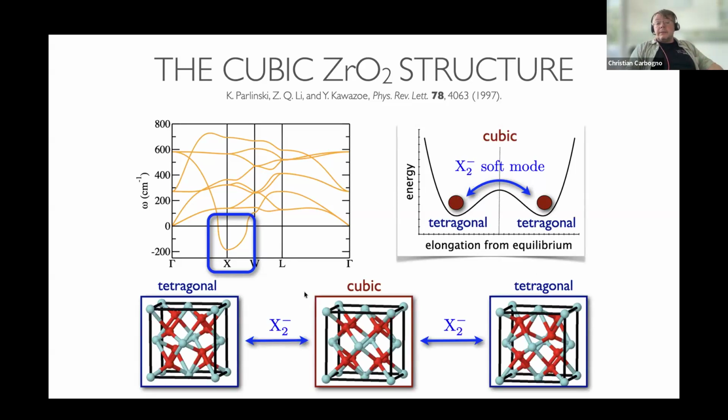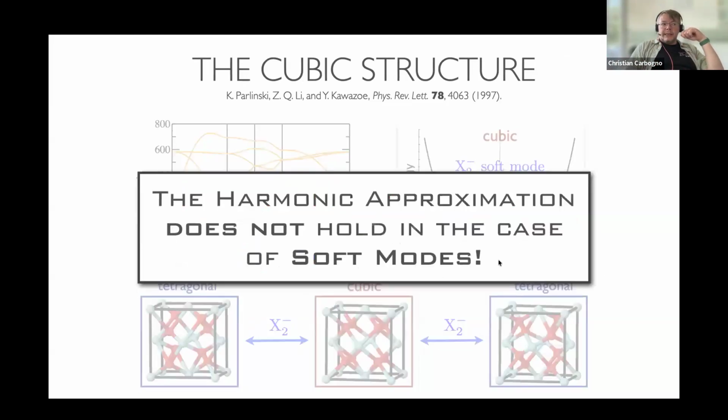And then you have two symmetry equivalent tetragonal structures in which the atomic displacements are happening basically along different directions. And this is where the system would like to go down. So this cubic structure is not even stable here. And if you have such imaginary modes, the harmonic approximation breaks down completely.